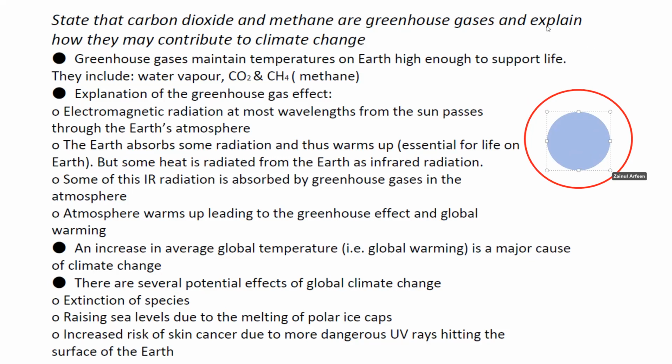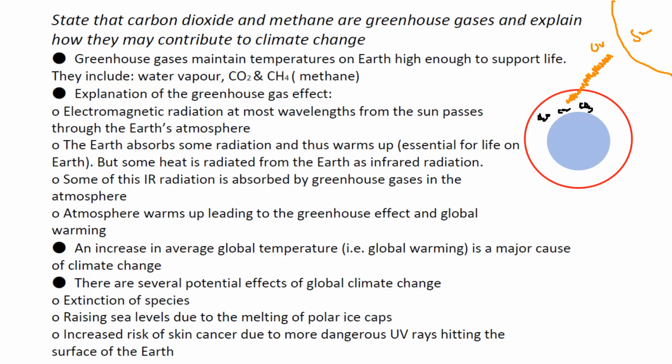So when the radiations are coming from the sun, like UV, ultraviolet radiation, they have a shorter wavelength, higher frequency. When it enters the earth atmosphere, in our atmosphere we have greenhouse gases, we have water vapor, which is a greenhouse gas, we have carbon dioxide, we have methane, which is CH4.